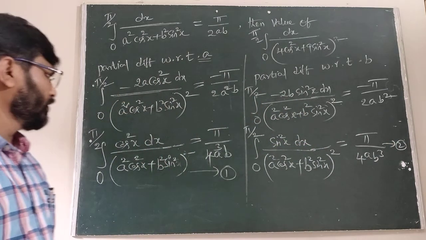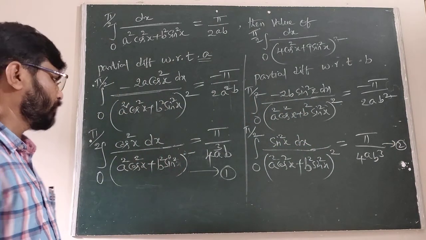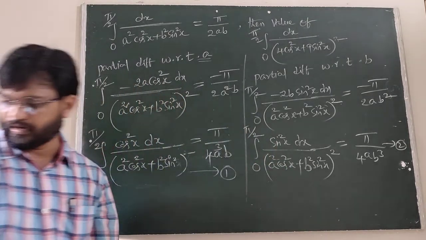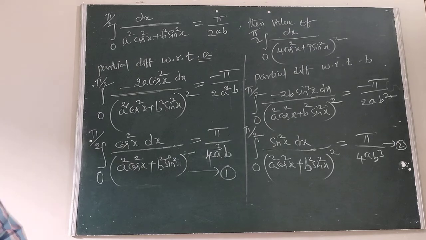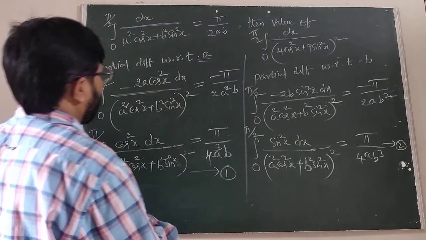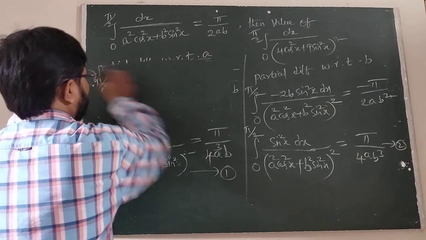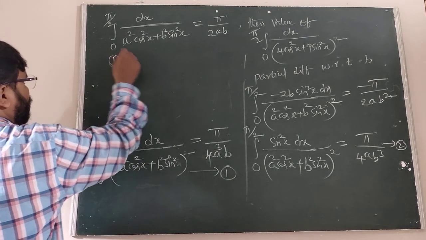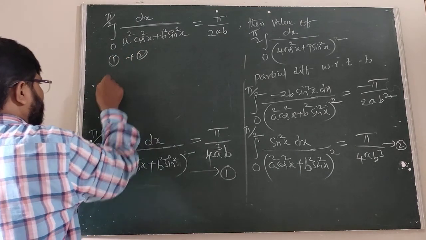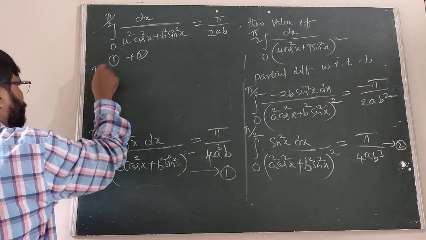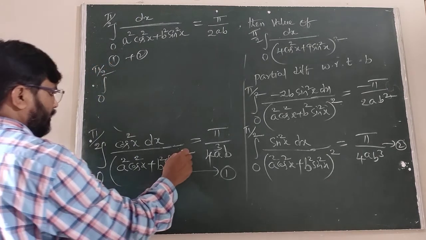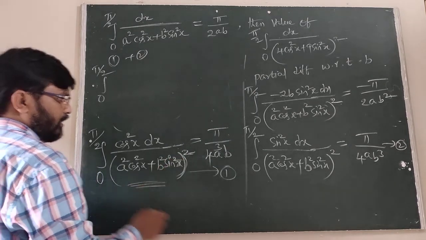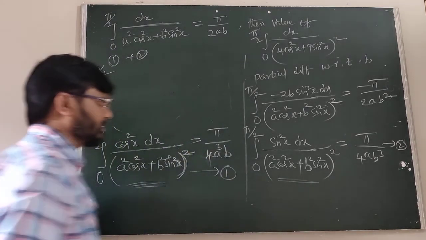So after that we consider equations 1 and 2. Adding 1 and 2, cos square x plus sin square x is 1. All of you listen here. Adding 1 plus 2 implies the integral from 0 to pi by 2, where the denominators are equal, that is the LCM.